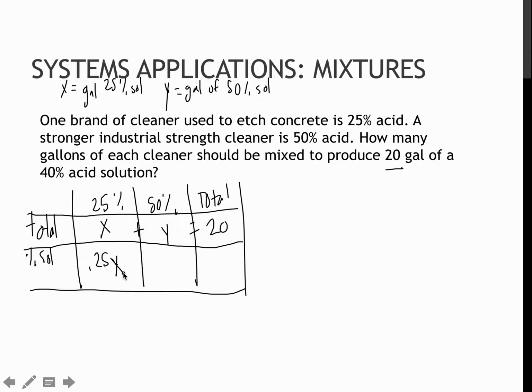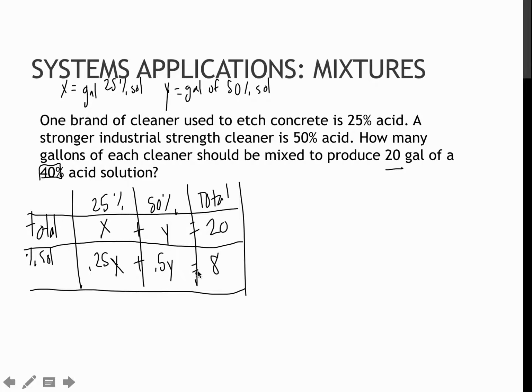And here I'm going to take 0.5 times Y, and make sure that that's 0.5 and not 0.05. 0.5 is 50%. And here I'm going to take the total, which is 20, times the 40% acidic solution, so 0.4 times 20, which is 8. So there are my two equations.